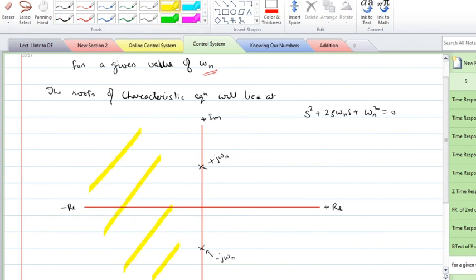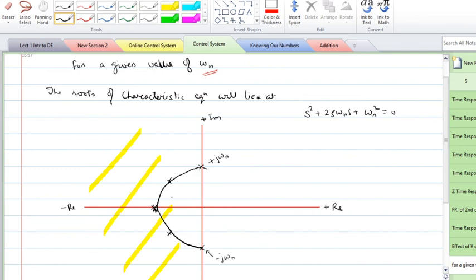Let us suppose the roots are like this. And if zeta equals 1, then the roots will be repeated, so the roots will be like this.